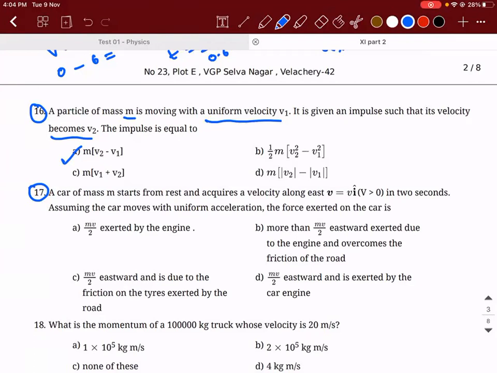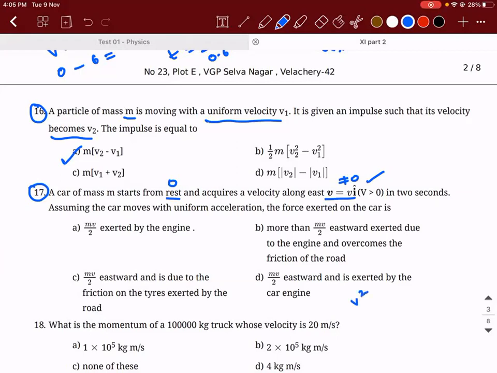So the car is starting from rest. So initial velocity is 0 and its velocity is this much value, which is a non-zero value, and it is positive also. Correct? So is the object accelerating or decelerating? It is accelerating. The car moves with uniform acceleration.